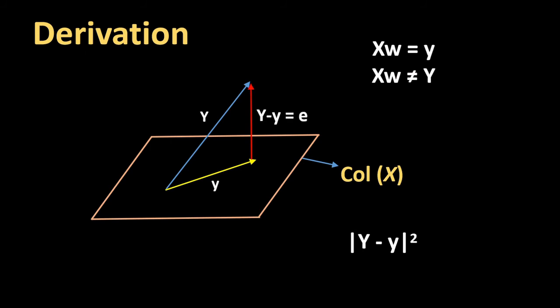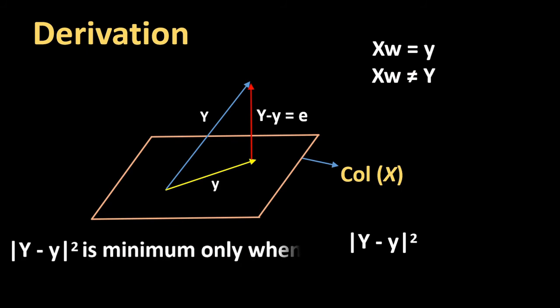So our error, capital Y minus small y whole square, is minimum only when... What do you think? Just pause the video and think about it. Yes, finding this minimum is equivalent to finding the minimum distance of capital Y from the column space of X, and this shortest distance is the perpendicular distance, and it is possible only when this e is perpendicular to the column space of X.